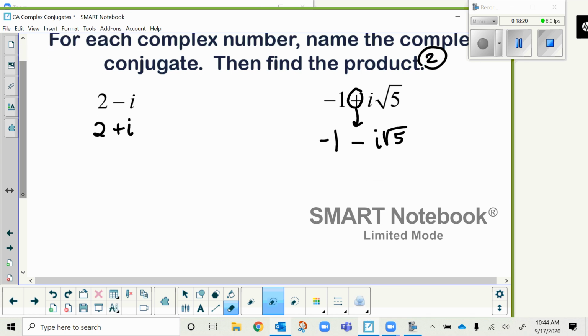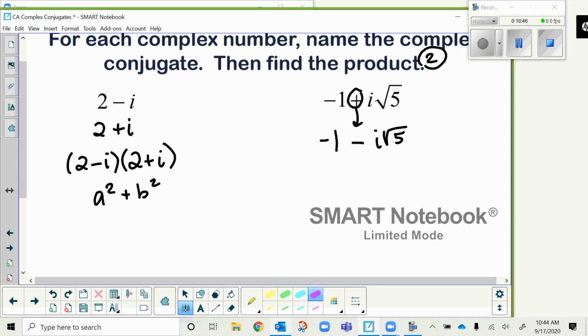So that means we're going to do, technically this is what we're doing: 2 minus i times its conjugate. We could FOIL those, but we don't have to, because we have this shortcut, the A squared plus B squared thing. You just have to be good that you know what the A is and what the B is.